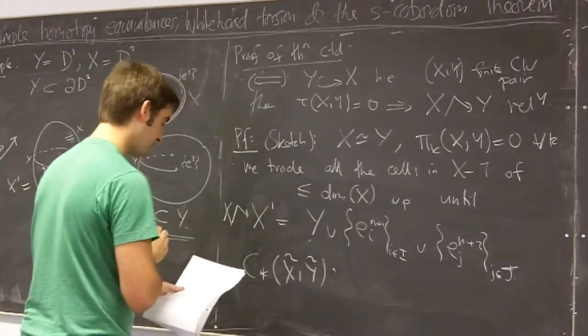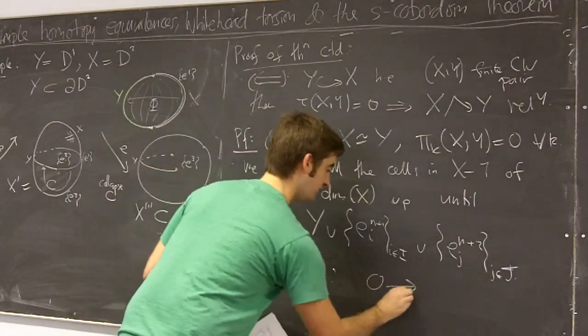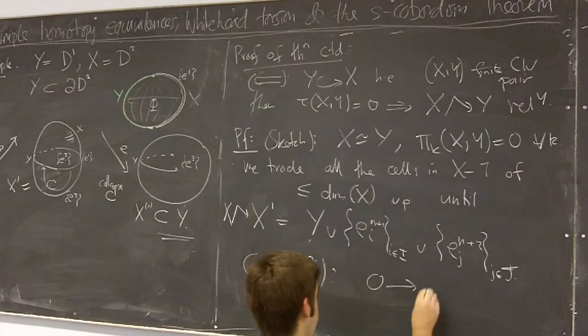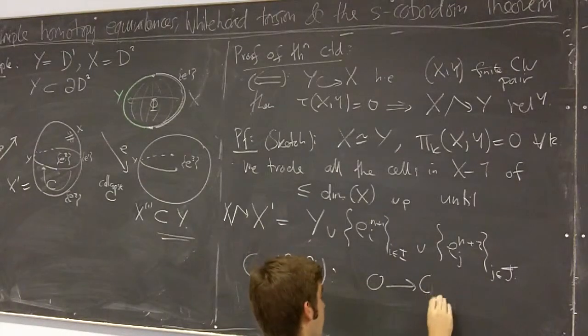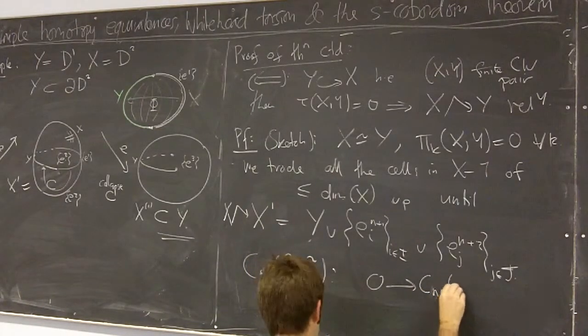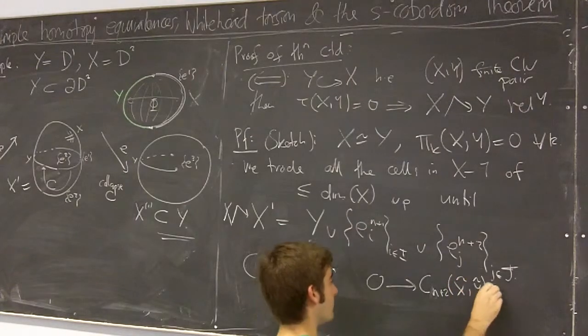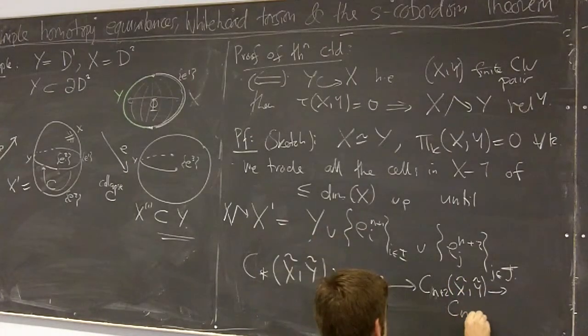And so this relative chain complex just has terms in these two dimensions. So we get Cn+2 to Cn+1.